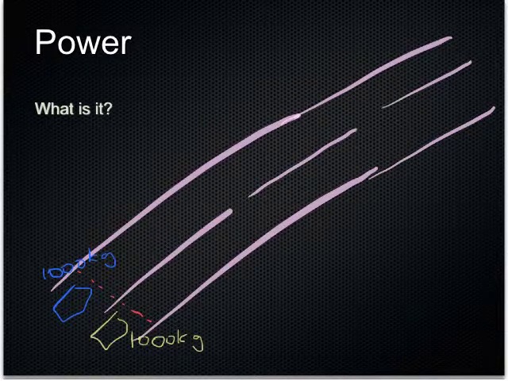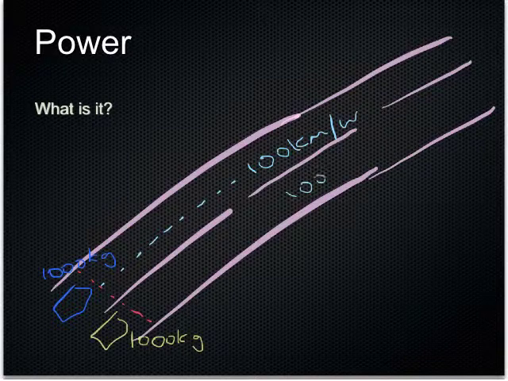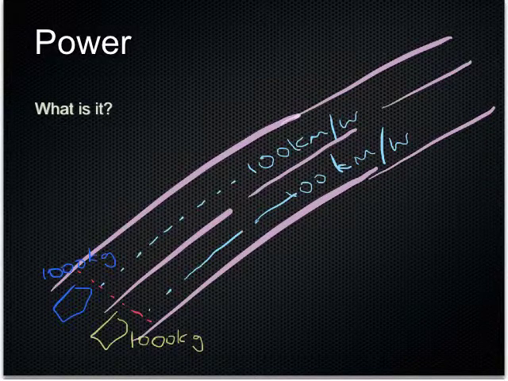And what we're going to do is drive both of them up to the same speed. So they're both going to speed up to 100 kilometers an hour. Now, this one, the blue one, is the most powerful, while the yellow one is not very powerful.